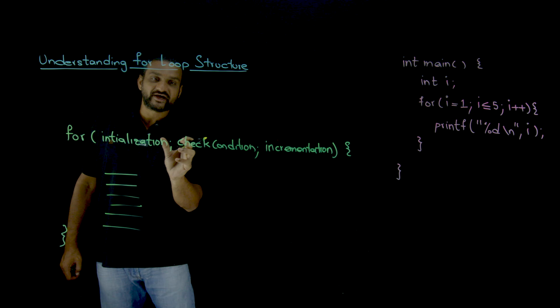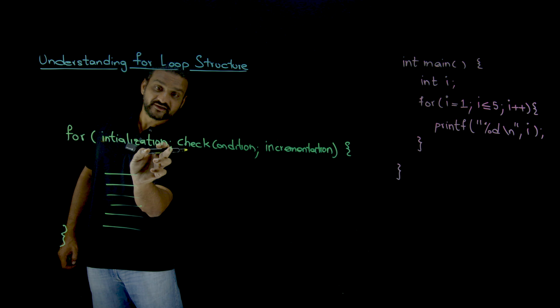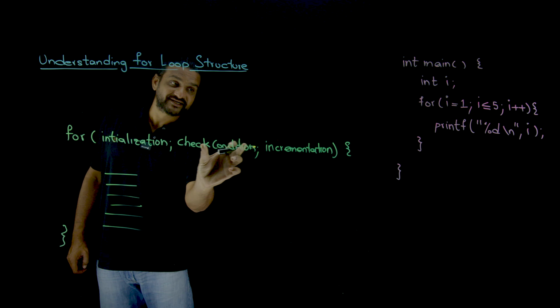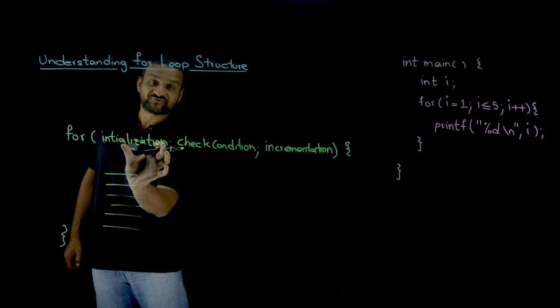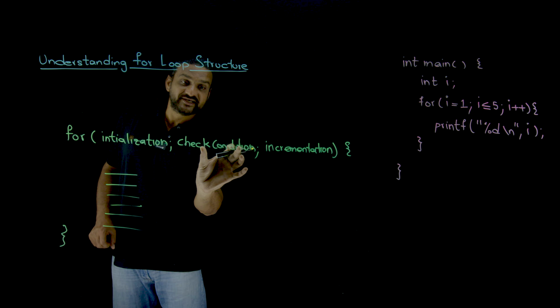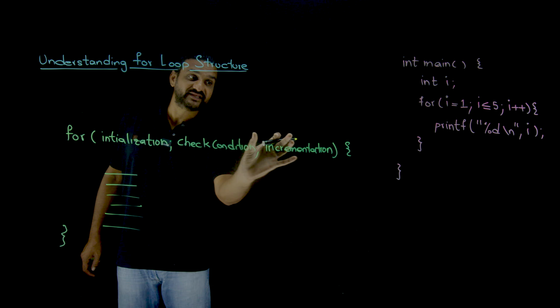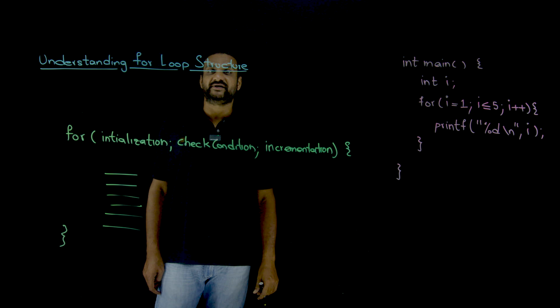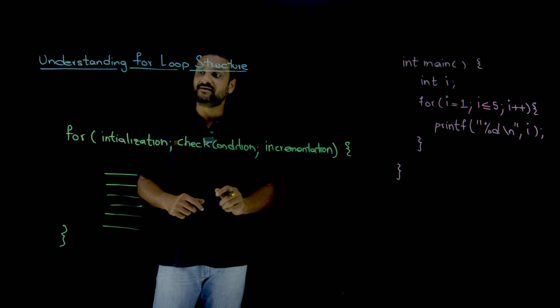So here we are having three statements. The first one is the initialization statement, the second one is the conditional checking statement, and the third one is the incrementation statement. So let's understand each and every statement in detail.